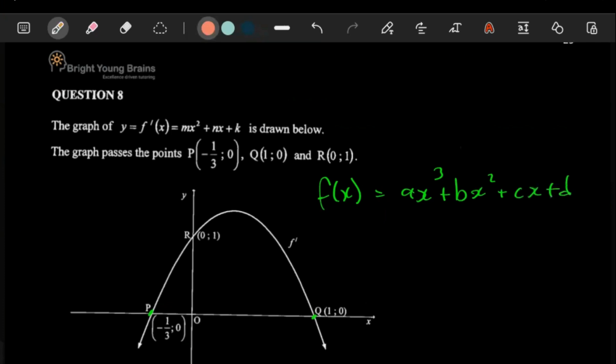Now the big idea is, what we know is your first derivative, whatever they've told us, is technically this equation here, which differentiated would have been 3ax² + 2bx + c.